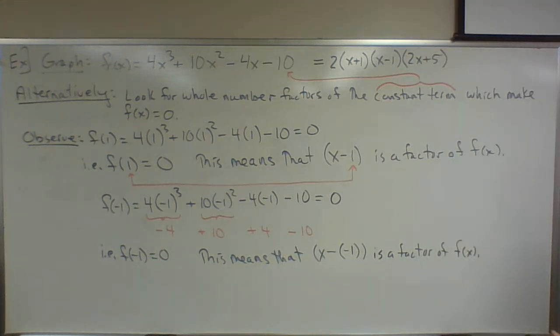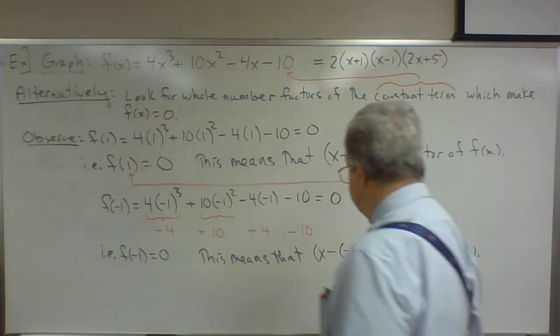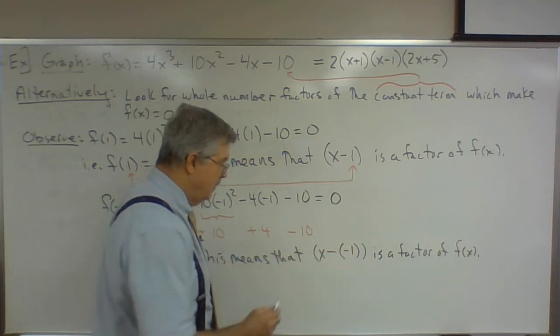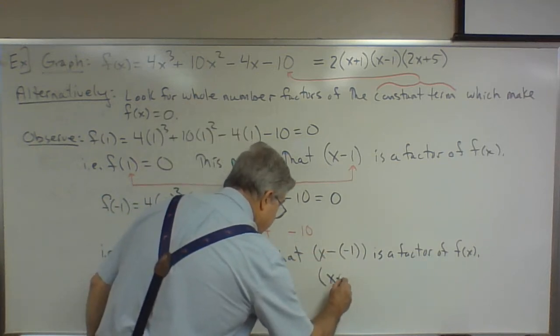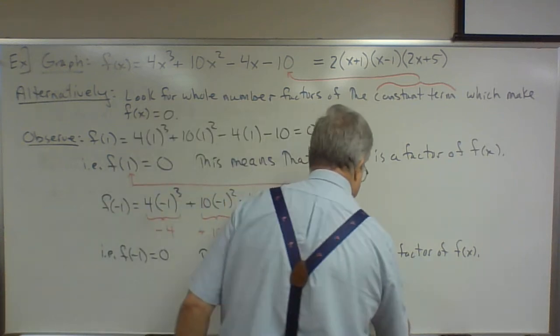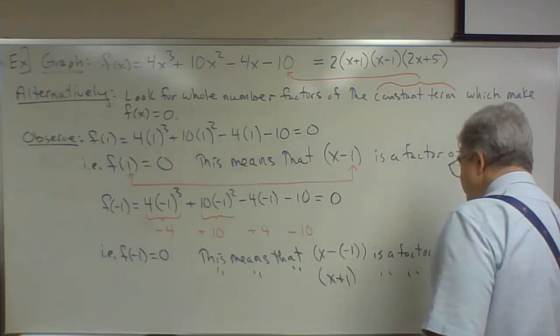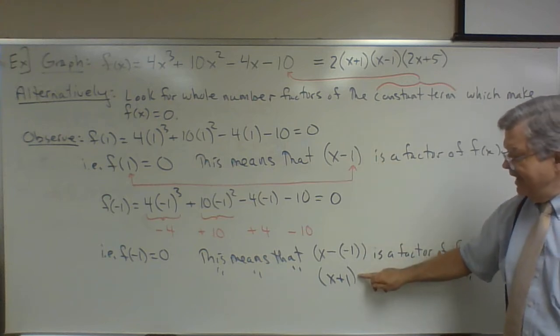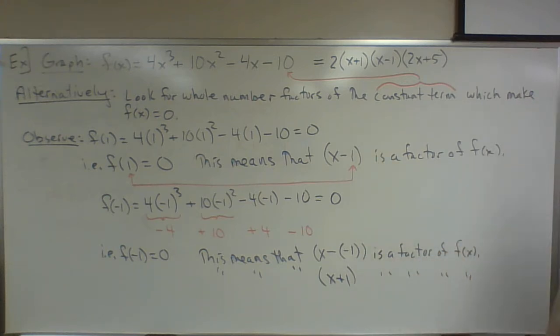Now, x minus a minus 1, well, that's just x plus 1. So we have another factor. Son of a gun. We have x minus 1, we have x plus 1.